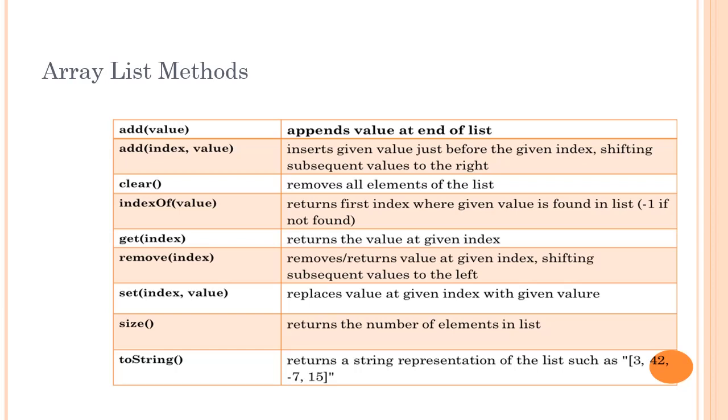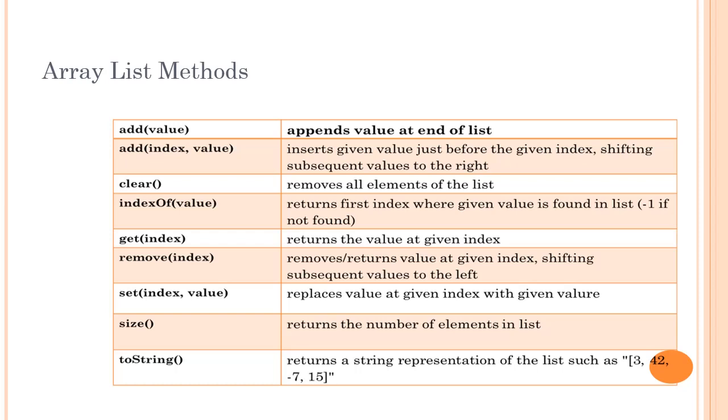The method indexOf will return the first index where given value is found, and it will return -1 if this value doesn't exist in the list. The method get returns the value at given index.